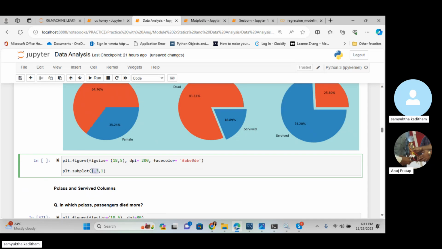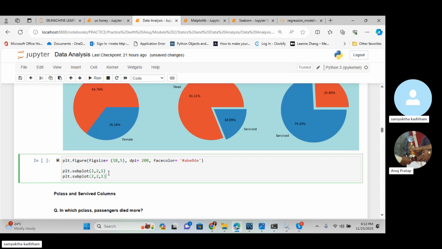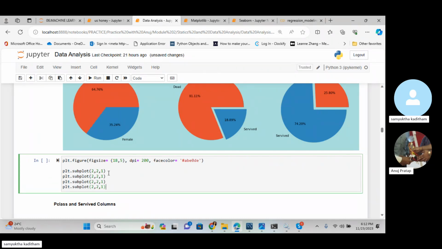Here it will give empty plots. 2 comma 2 means two rows, two columns, so we have to give 4 plots here. If you give 3 plots, some space will be left empty. Got it, now it's very clear.